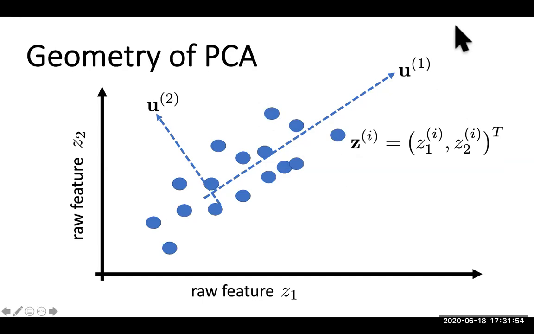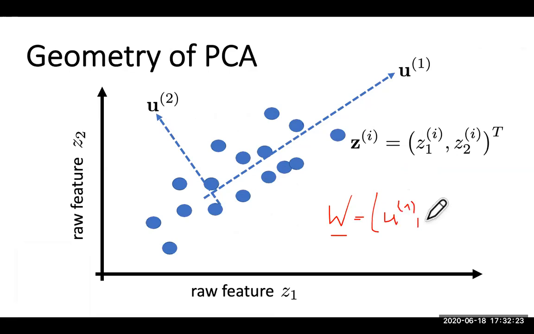Just to give you an idea about the meaning or the role of these eigenvectors U. So if you have a data set with raw feature vector C, which looks like this, what you get in PCA are the rows of the optimal compression matrix. So here, this is the first row.